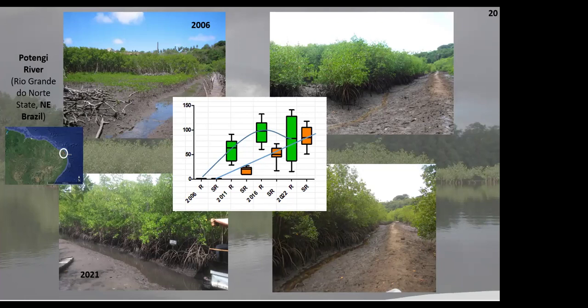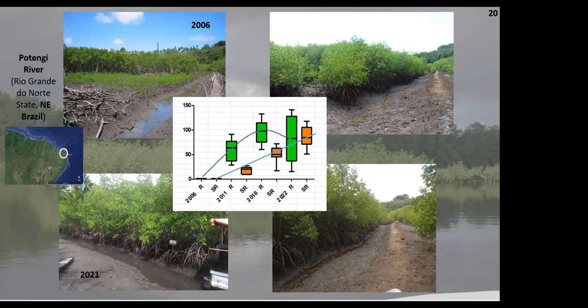You can see that between 2006 and 2022, the biomass stabilized. It's the typical behavior of a young mangrove stand, but the biomass of the self-recovered area is still rising in 2022.